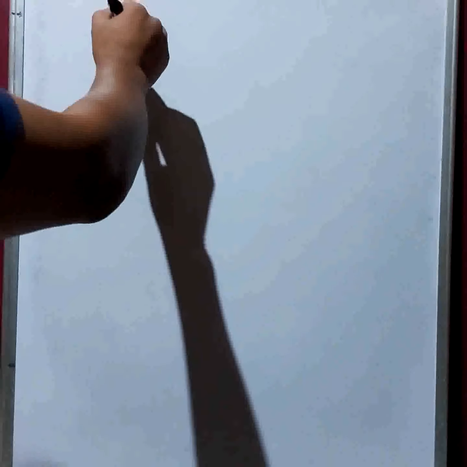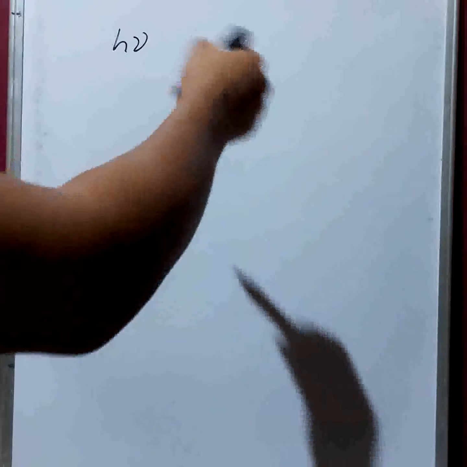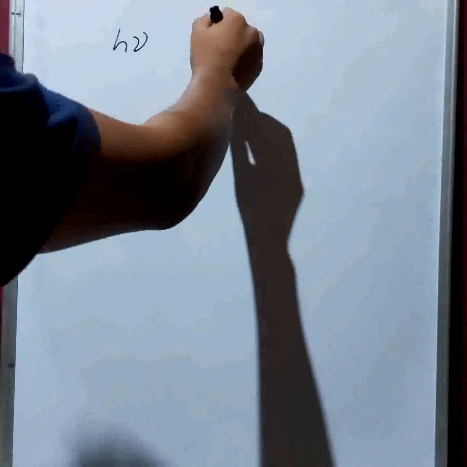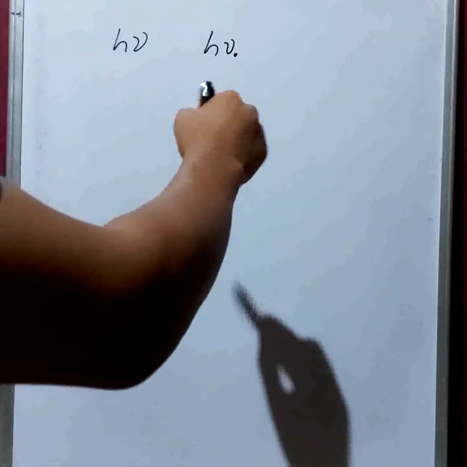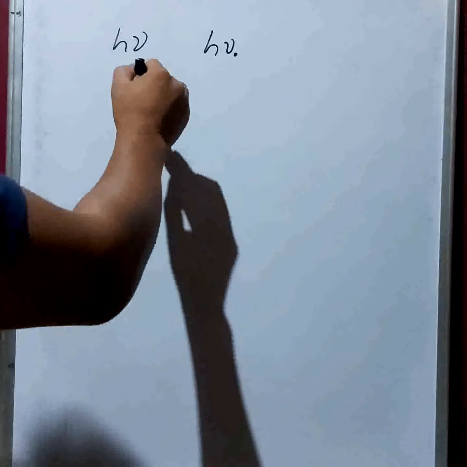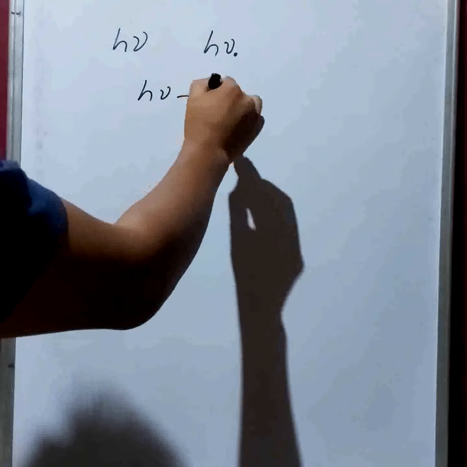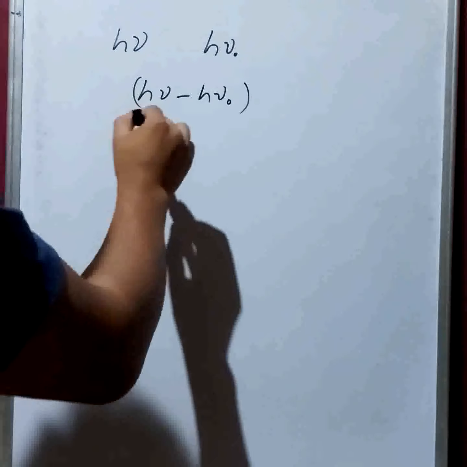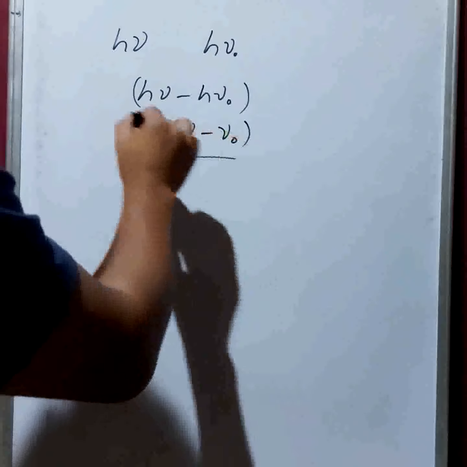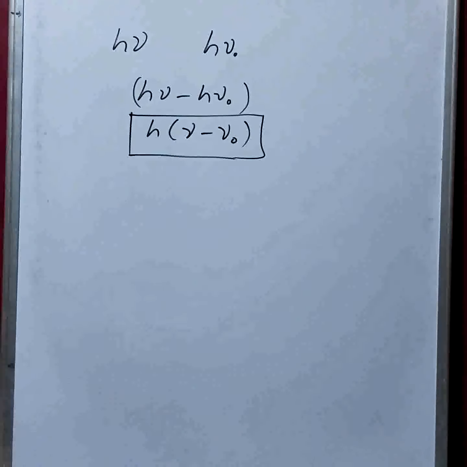If the energy of the striking photon is given by h nu, and the minimum energy required to eject the electron is h nu naught, then the work function, or the difference in energy, is given by h nu minus h nu naught, or h times nu minus nu naught. This is also an important relation for us, the work function.